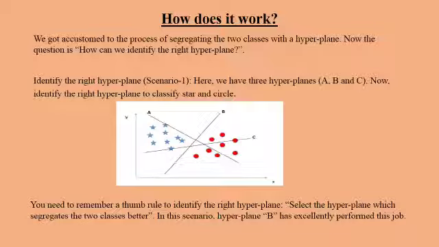You need to remember a thumb rule: select the hyperplane which segregates the two classes better. In this scenario, hyperplane B has performed this job excellently, as hyperplanes A and C do not segregate the two classes perfectly.